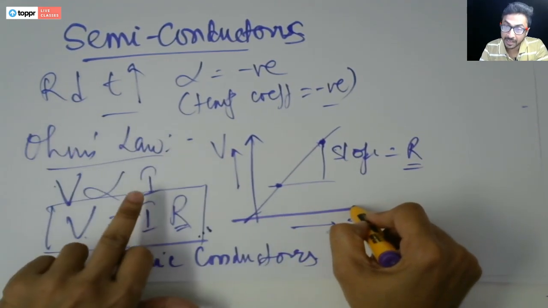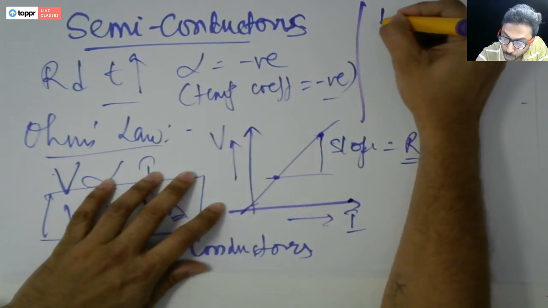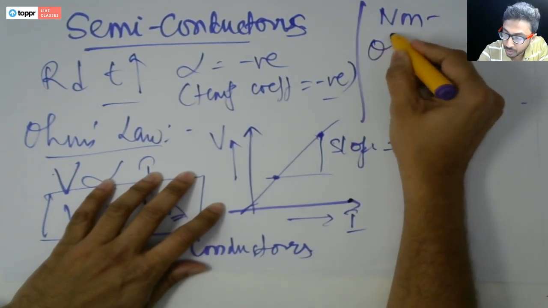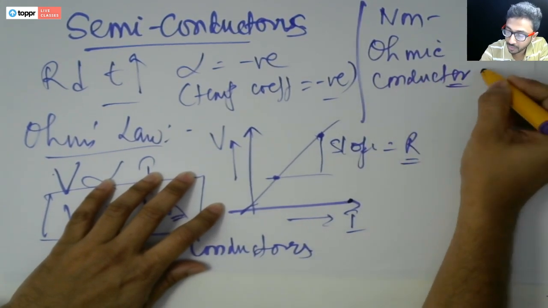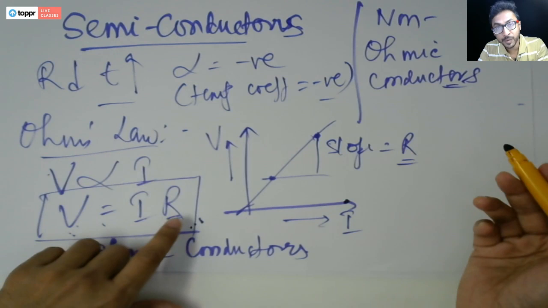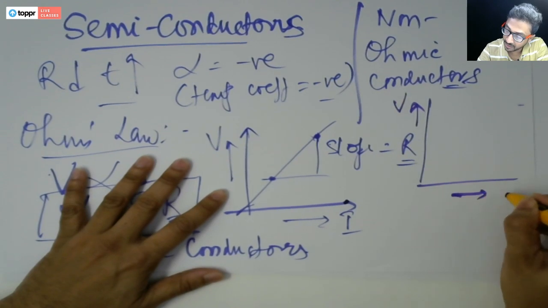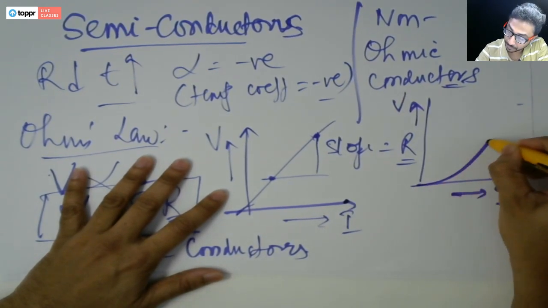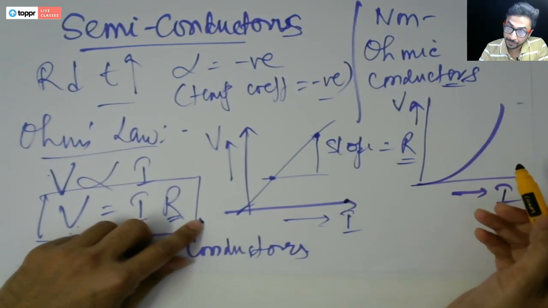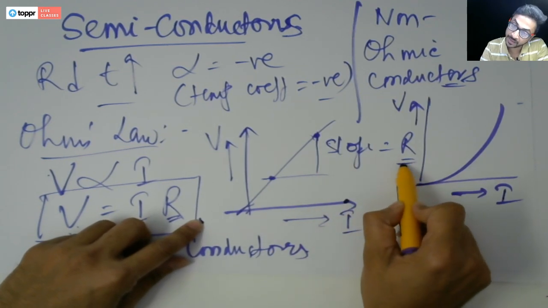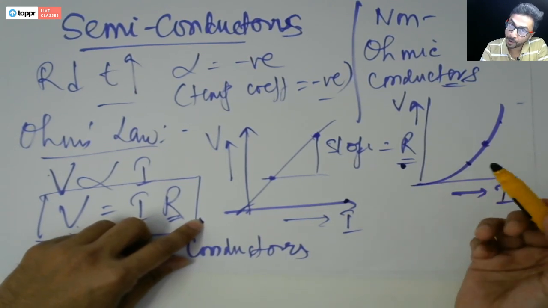But semiconductors are non-ohmic conductors, and there are other non-ohmic conductors. Non-ohmic conductors will not follow a straight line. If we plot a graph of V against I, it will take a curve like this. The slope of this graph is the resistance, but as it is curved, the slopes at all points are different.